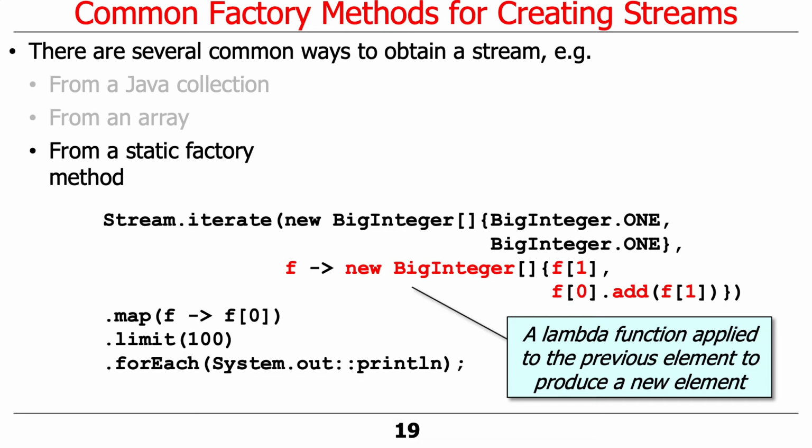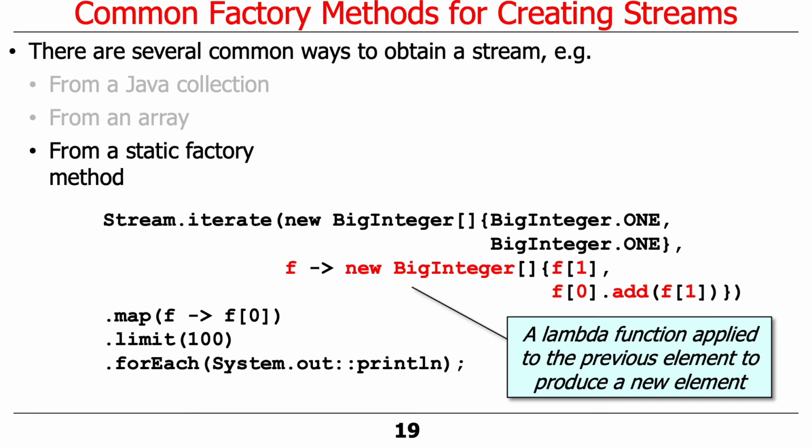Then we have this next part of the iterate method, which is a lambda function that will be applied indefinitely to the previous element in the stream. What we do in this case is take in f, and we're going to say, make me a new BigInteger array, and f stands for Fibonacci, by the way.